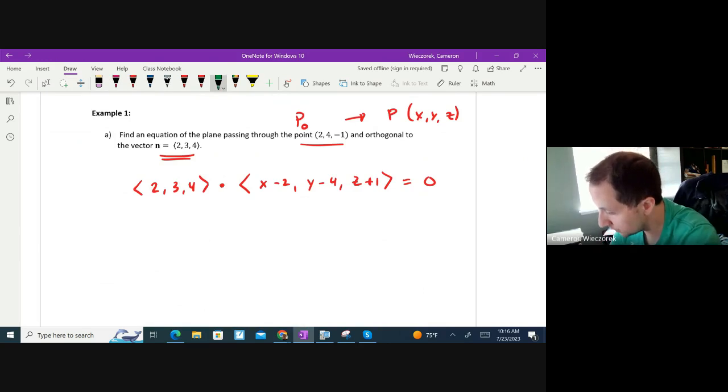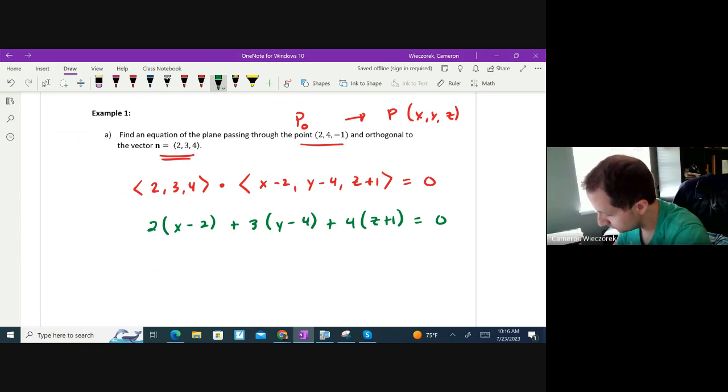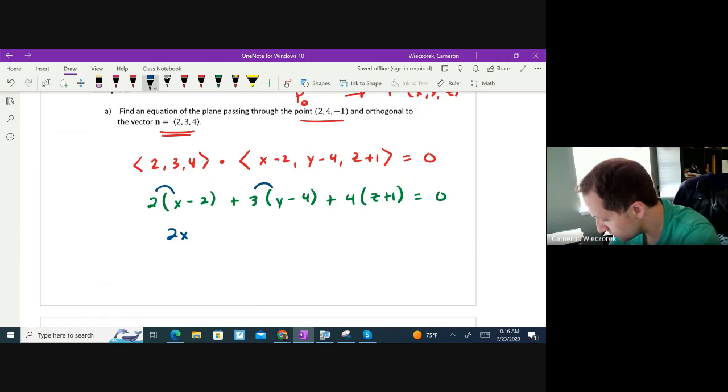And now I'm going to write a linear equation of the plane. So 2 times x minus 2 plus 3 times y minus 4 plus 4 times z plus 1 equals 0. Collecting like terms, we get 2x plus 3y plus 4z.